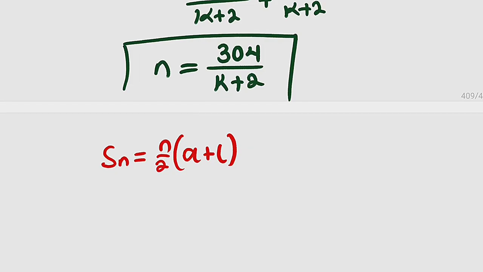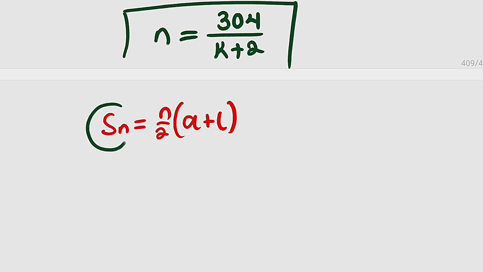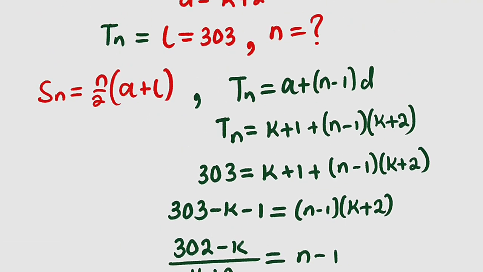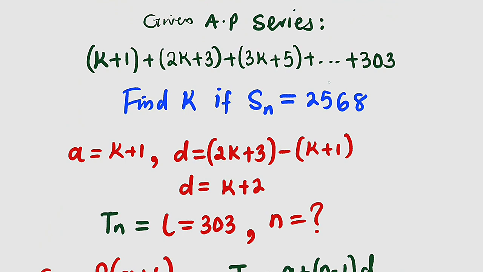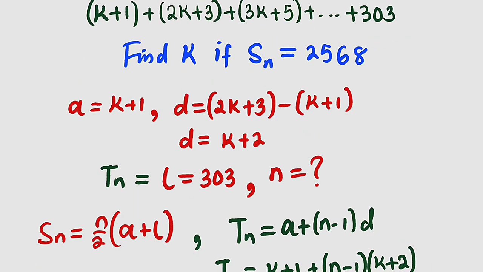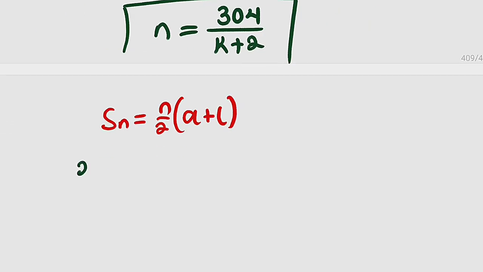Alright, now let us substitute everything. Remember, the sum of all terms is given as 2568. So we have 2568 equal to n divided by 2. What is n? n is 304 divided by k plus 2, from this.